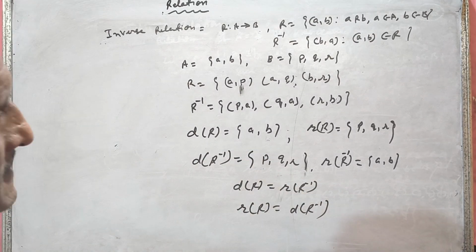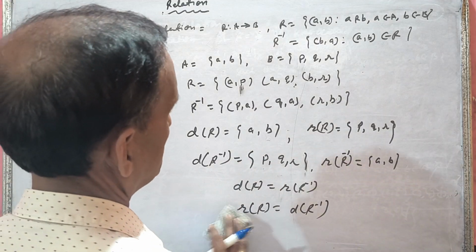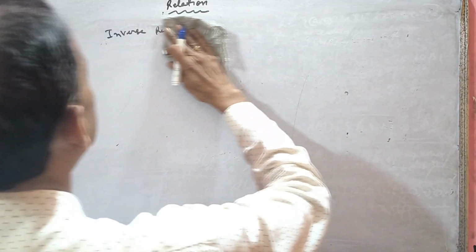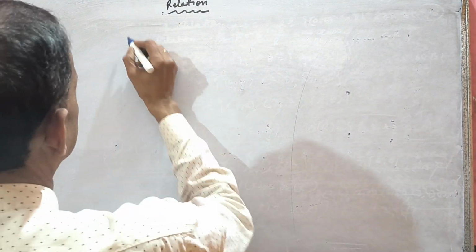Okay, then identity relation. Is this clear now? Now, identity relation.